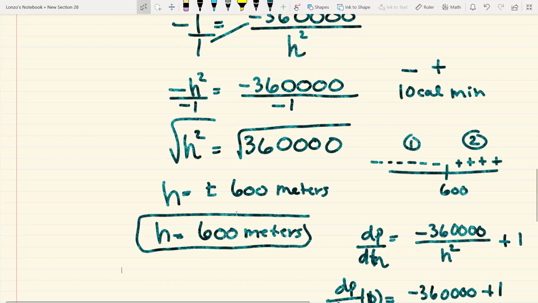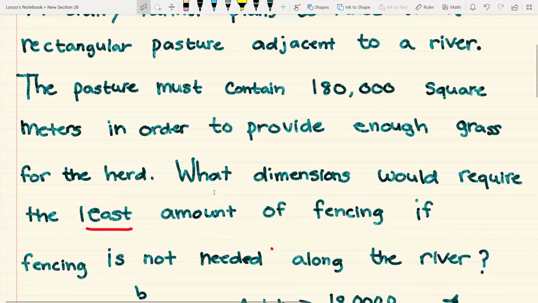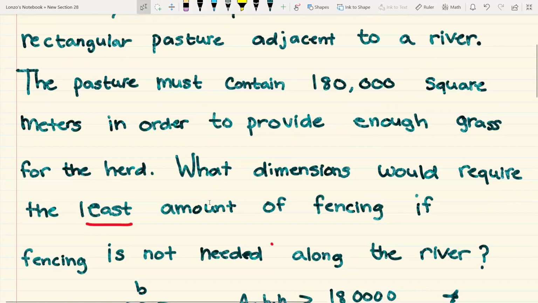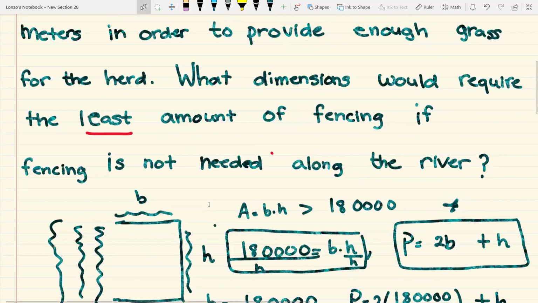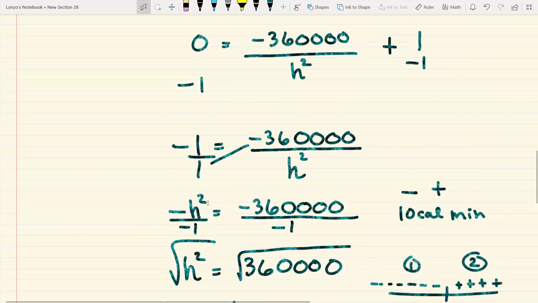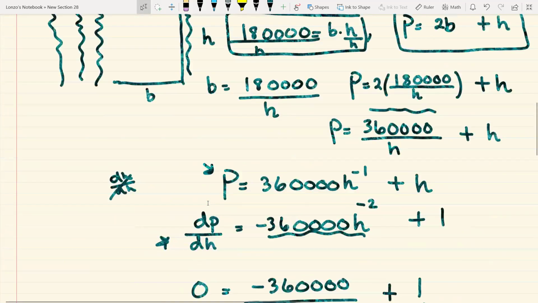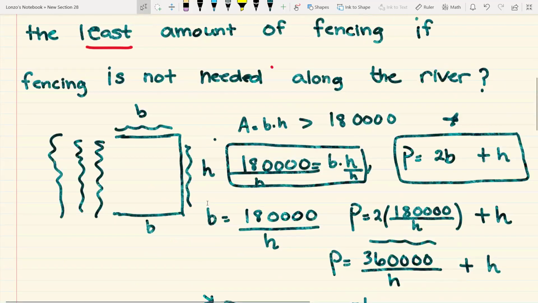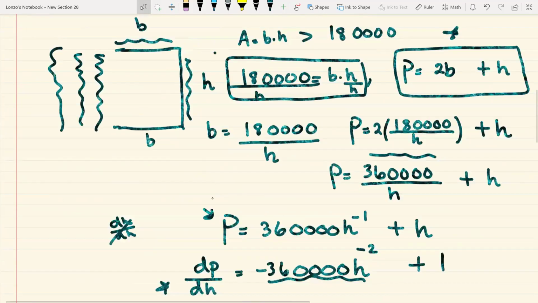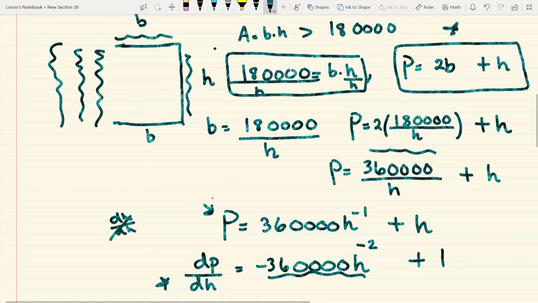Okay, but what were they asking? They're asking what dimensions require the least fencing. So we got to find our dimensions. We found our height. Let's find our base. So how do you find your b? b is right here. b equals 180,000 over h. So it would be 180,000 over height, which is 600, which is 300.